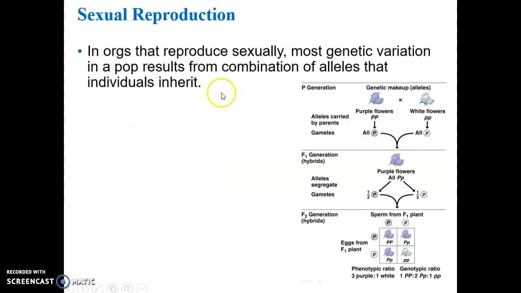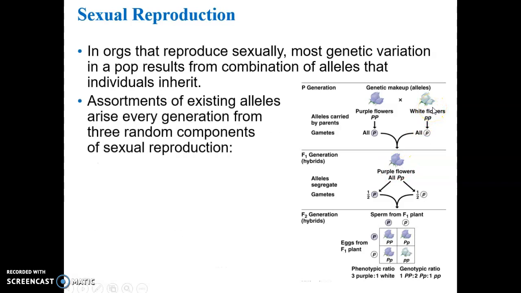With sexual reproduction, in organisms that reproduce sexually, most genetic variation in a population results from the mixing and matching of alleles that an individual inherits from its parents. So it's the assortments of existing alleles that arise in every generation that leads to much of the genetic variation in sexually reproducing organisms.